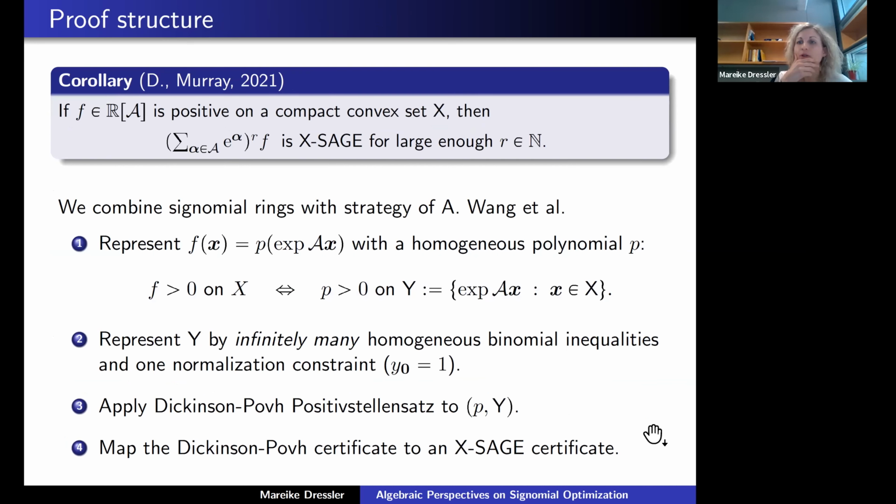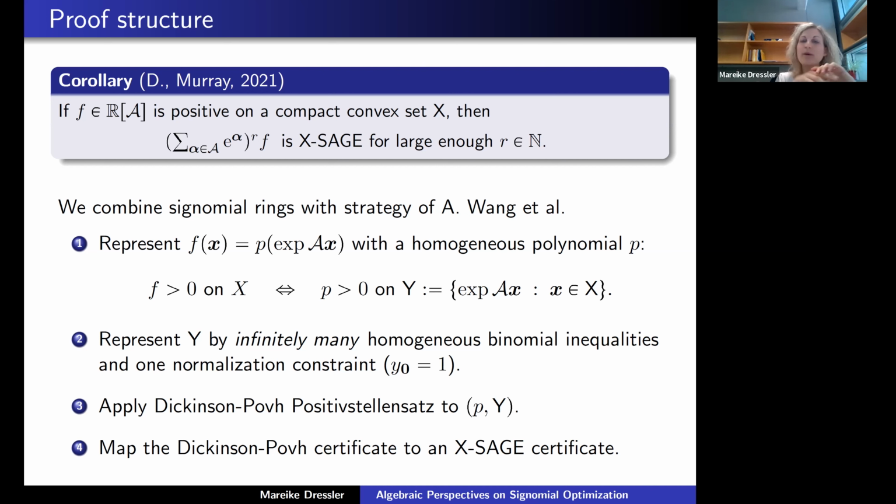I want to briefly outline the proof structure here, but really only giving you the proof idea. Since we have Signomials involved and the real algebraic geometry literature is heavily dealing with polynomials, we do a little bit of mapping.